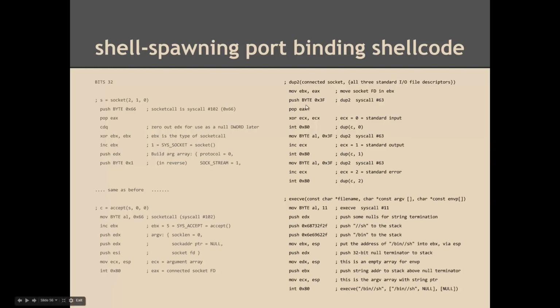And this lets you then specify the dup2 system call. Then what we do is we XOR out ECX. We do dup2 the new socket file descriptor and then standard in.